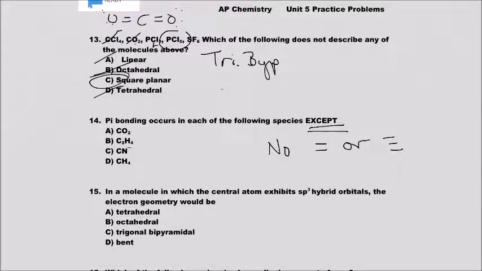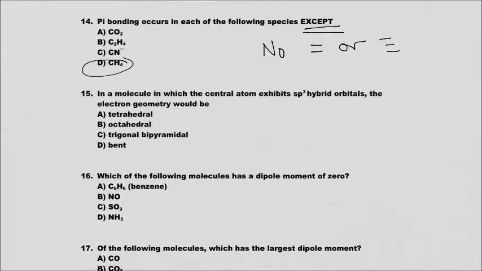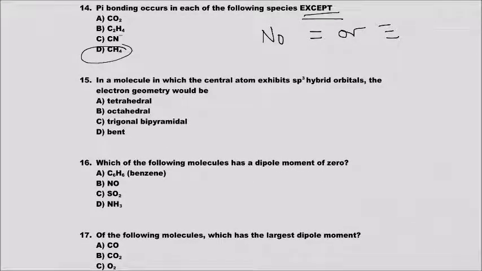All right, so first of all, I would look and see, do you know if one of these has all single bonds? And I would pick D, because I can tell. We see CH4 a lot. I'm looking for all single bonds, all sigma bonds, and that would be it. If you wanted to take the time to draw all those, I would recommend you only draw the ones you weren't sure of, but first, in this case, I would just look for one with all single bonds. That would save you some time.